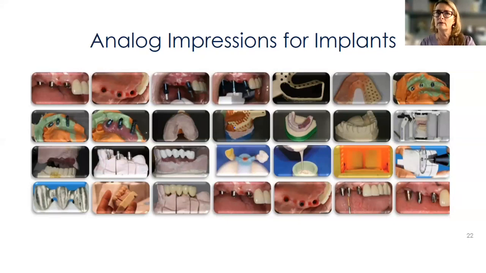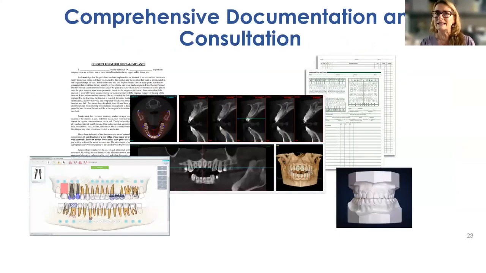So we're going from analog into digital. And when we shift to the digital, it's really comprehensive as far as the materials we can incorporate into those scans, such as CT scans.